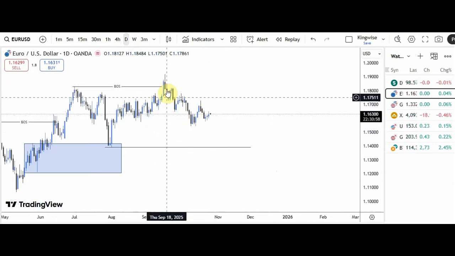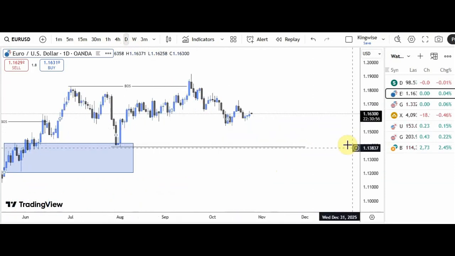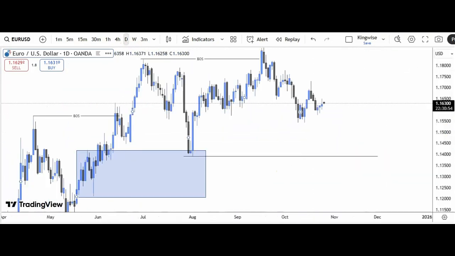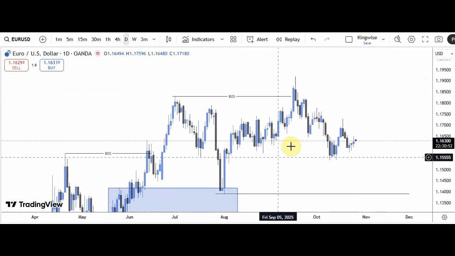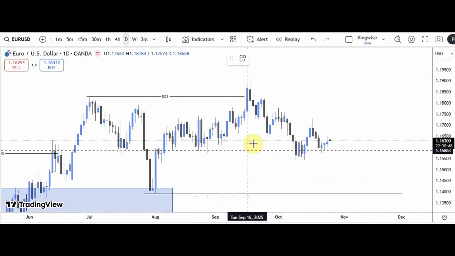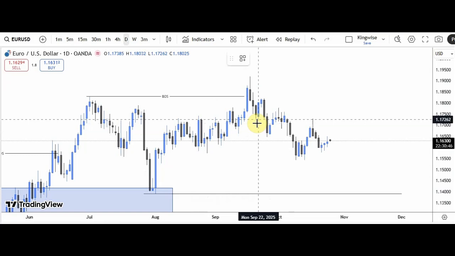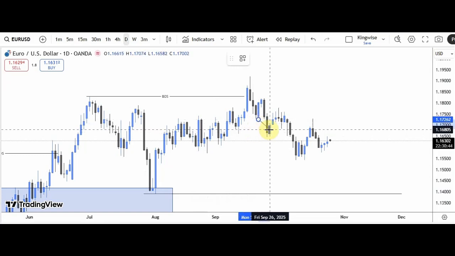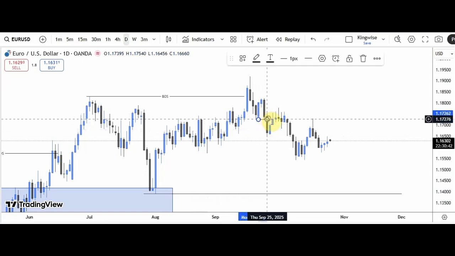So after we add this break of structure, what happened? What did price do? We can see the price gave a change, internal change of character or market structure shift.